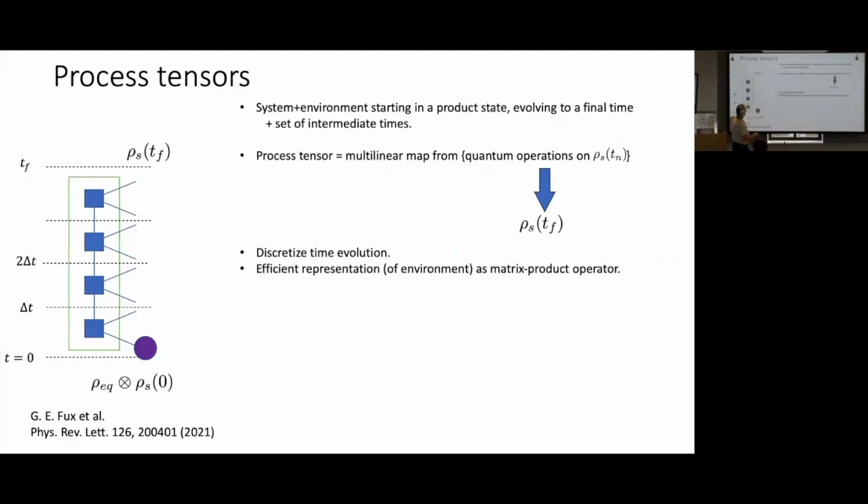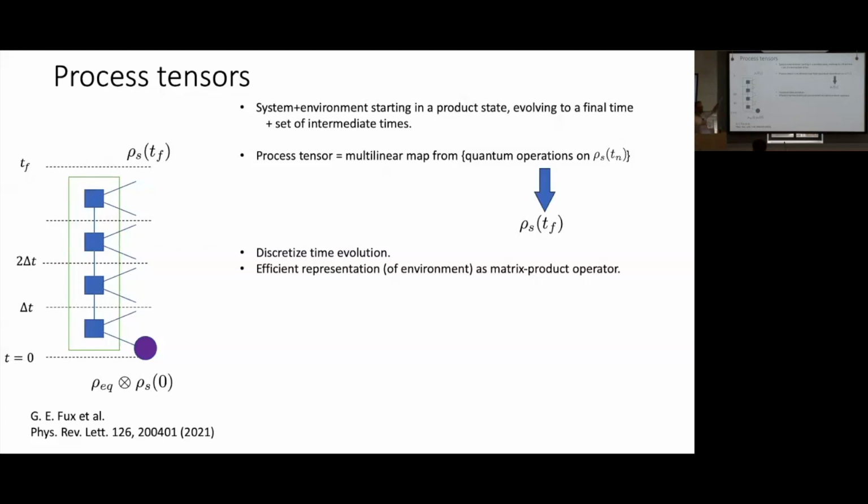So you can do positive maps from an output state at the first time to the input at the next time. That's one of the original notions of the process tensor: a multilinear map from the set of quantum operations on the reduced density matrix at these time steps to the density matrix at the final time.